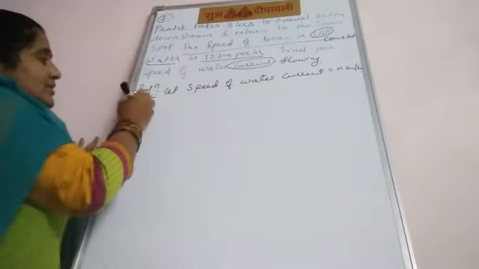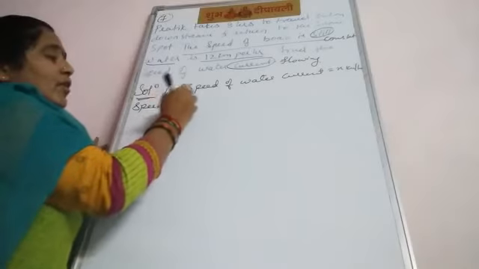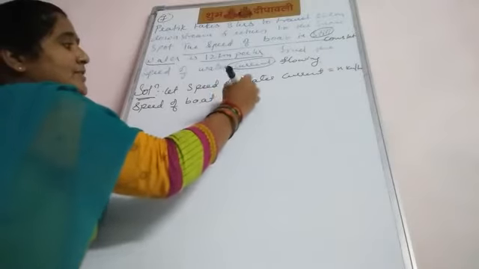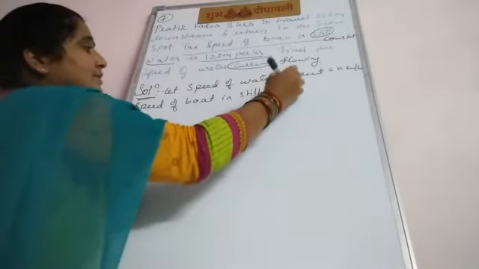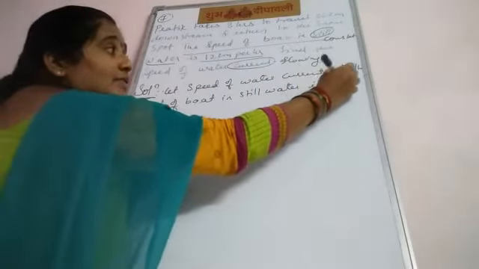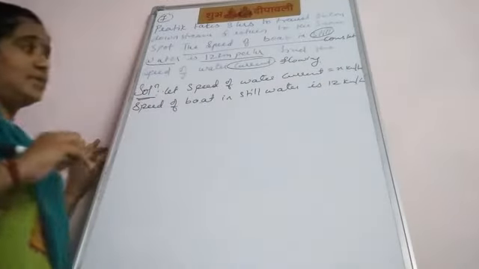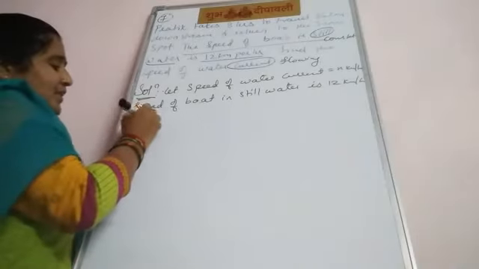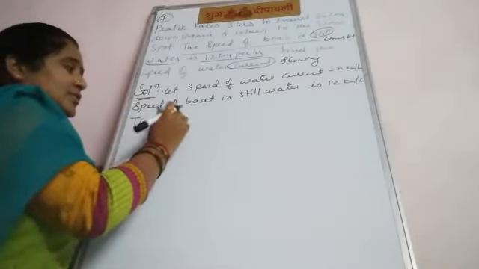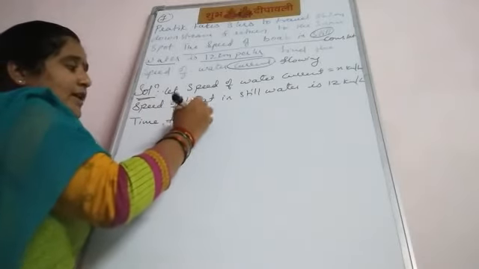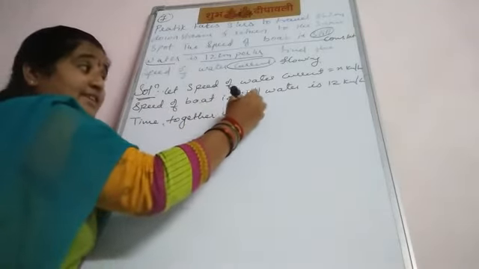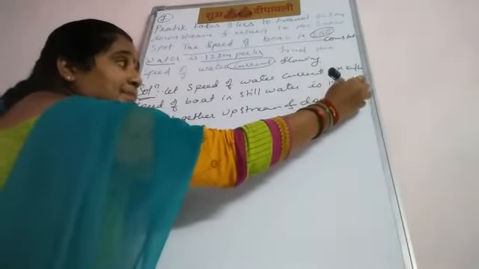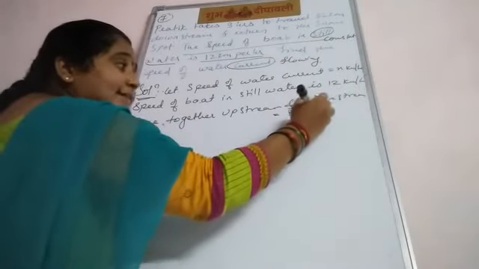Now come to the solution. Let the speed of the water current equal x kilometers per hour. Now what else has he given? Speed of the boat in still water is 12 kilometers per hour. What else has he given? Time. Time together for upstream and downstream is 8 hours.